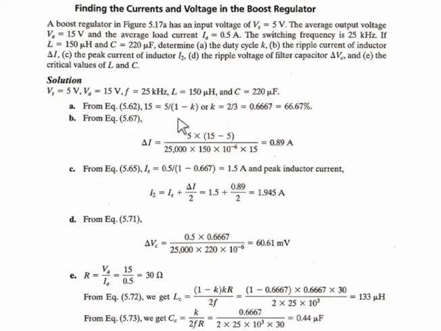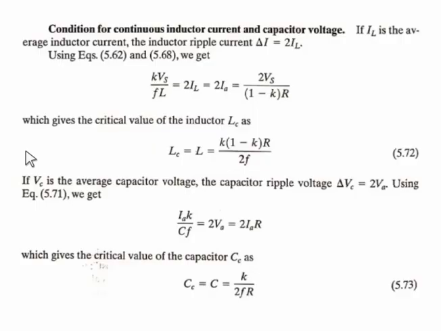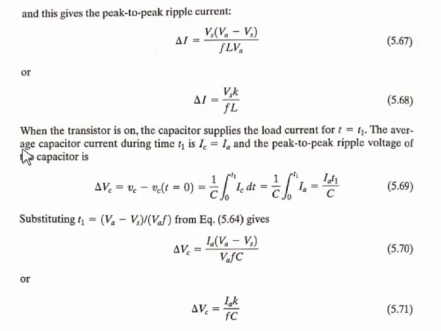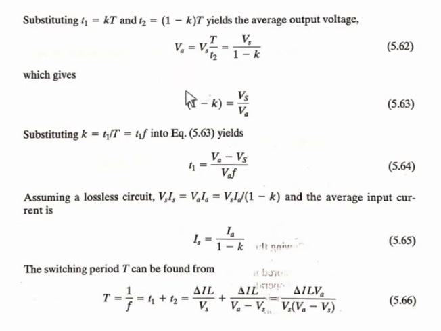So first we find the duty cycle K. Duty cycle K is given by equation 5.62. Va equal to Vs upon 1 minus K. Va equal to the output voltage, which is 15 volts.